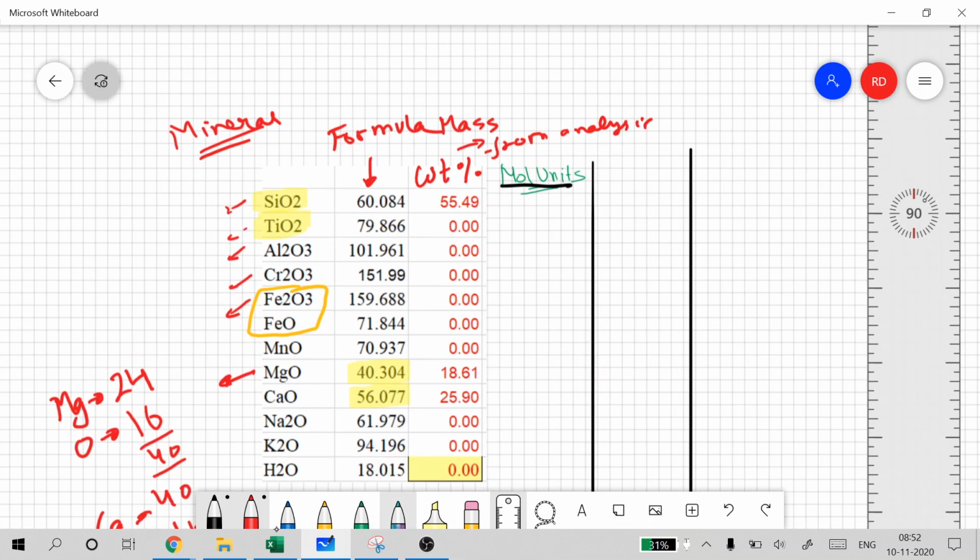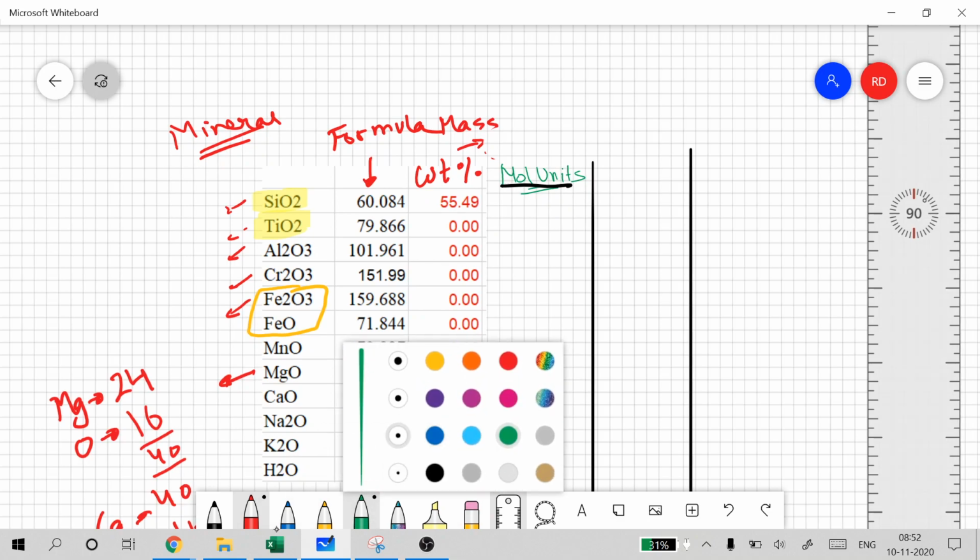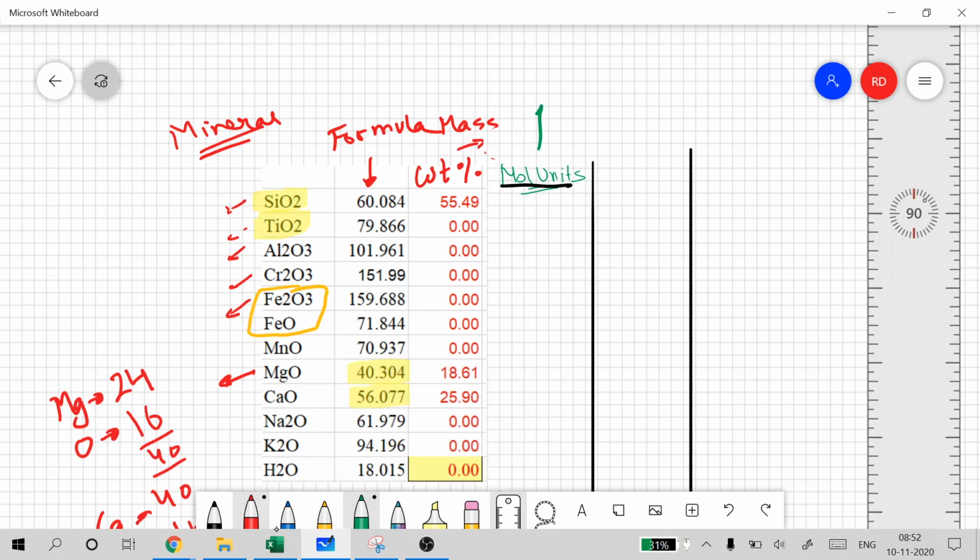I'll erase these so that I can write the formulas right on top. So mole units will be equal to weight percent divided by formula mass.